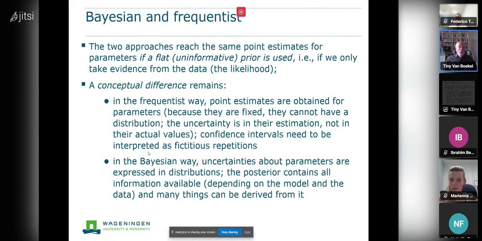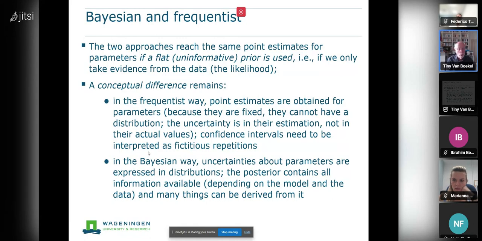But nevertheless, there is always this conceptual difference that point estimates in the frequentist way are always fixed. They cannot have a distribution by definition, because the uncertainty there is in estimating the data and not the values of the parameters. And confidence intervals, which you will always hopefully see in reports, are actually fictitious repetitions.